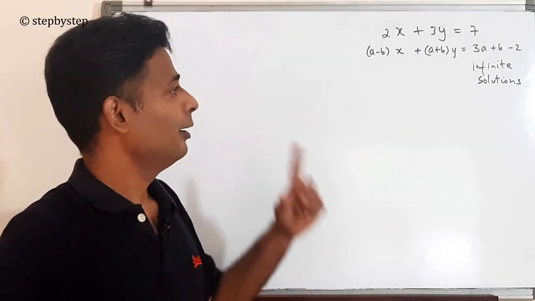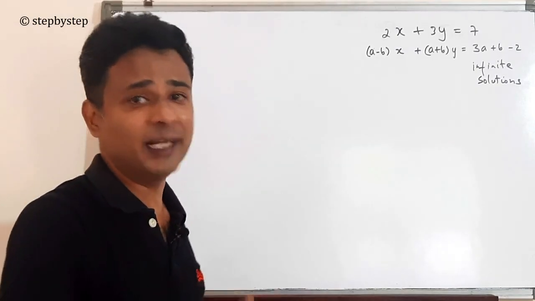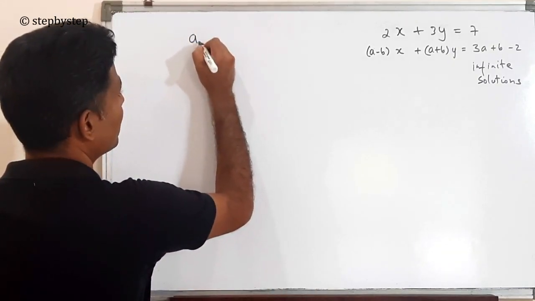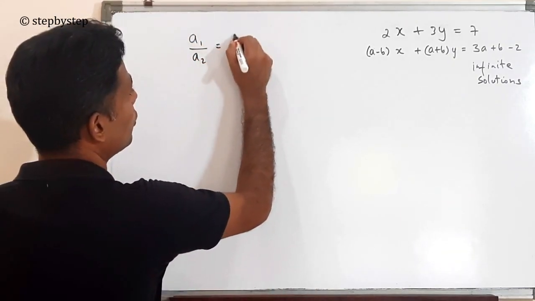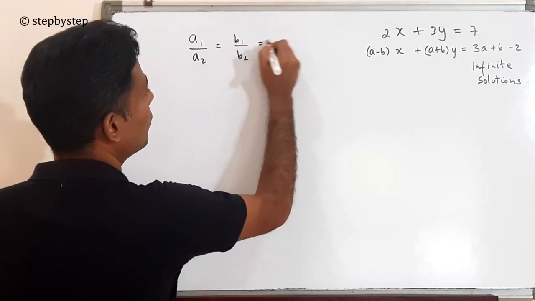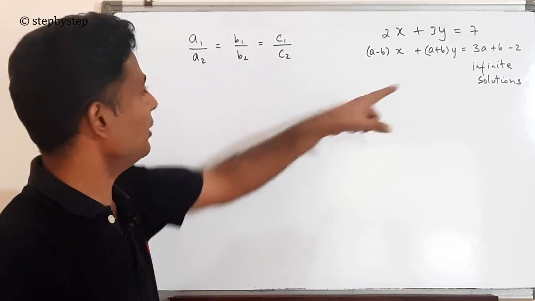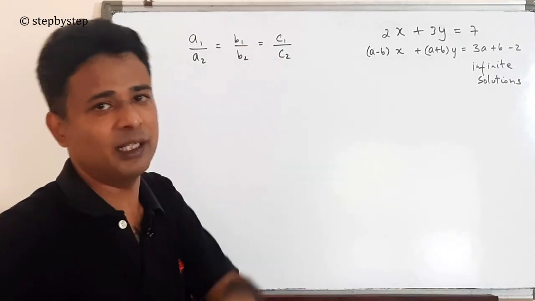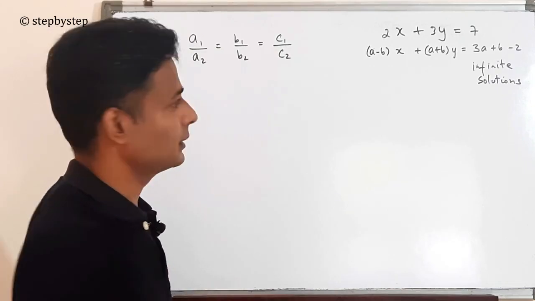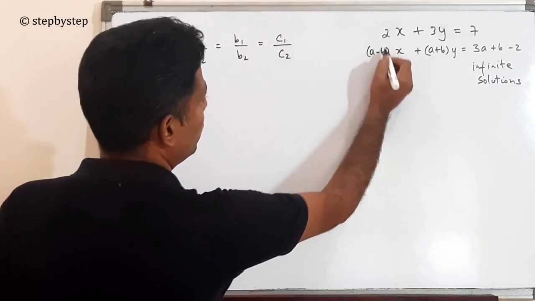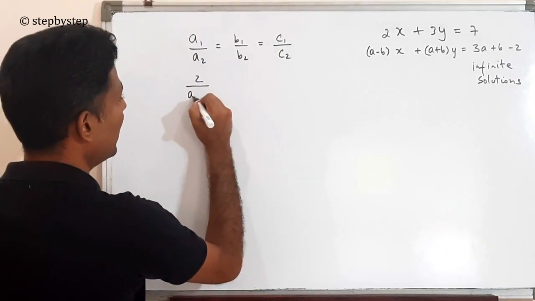How do we find them? Remember the condition for infinite solutions. What is it? A1 by A2 equal to B1 by B2 equal to C1 by C2. So using this condition, we can find the values of A and B. We can form two equations. So A1 by A2 is 2 by A minus B.